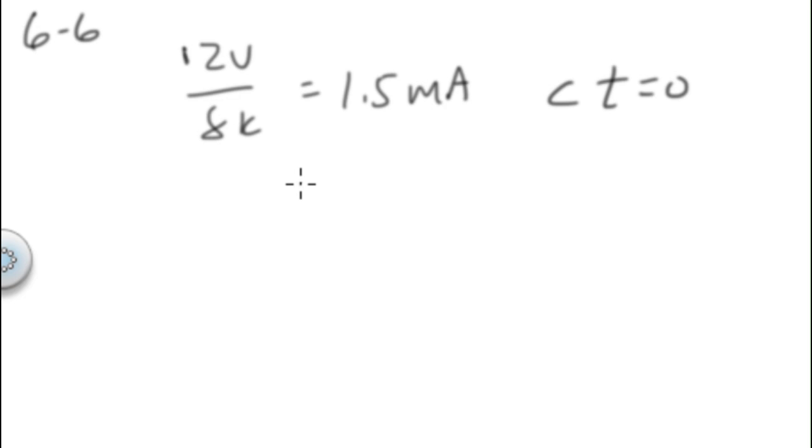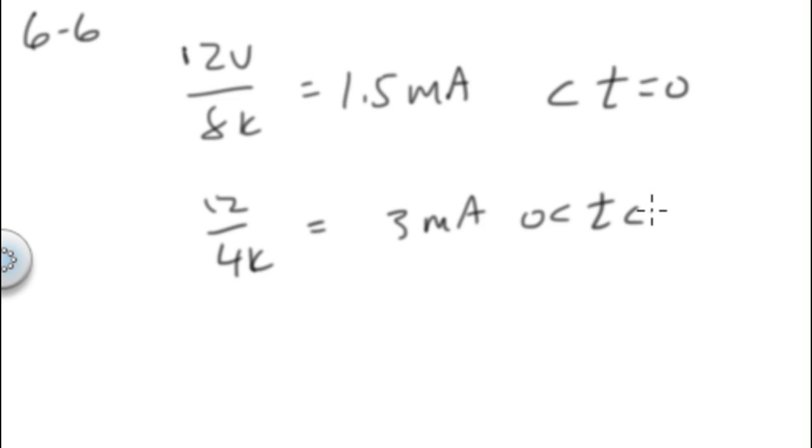Okay. Then at t equals 0, A closes. Now we have 6K in parallel with 3K, or 2K, and we have 2K up above, so we have 12 volts divided by 4K, or 3 milliamps, for t greater than 0, less than 5 milliseconds. And then B closes, and now we have 6 in parallel with 3 in parallel with 2, so 6 and 3 is 2, and 2 and 2 is 1.